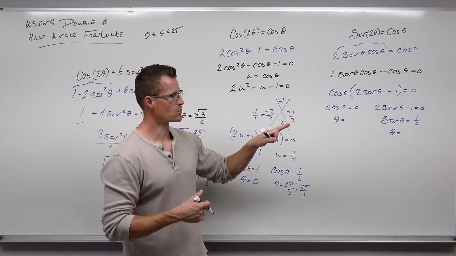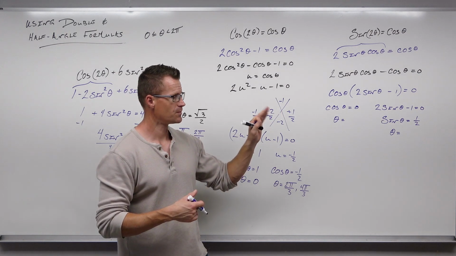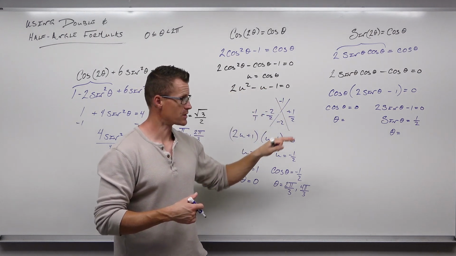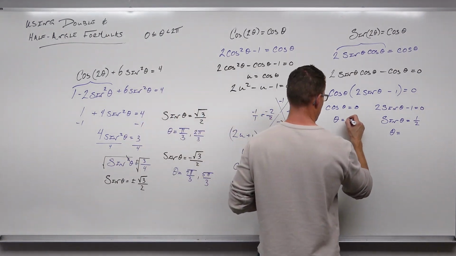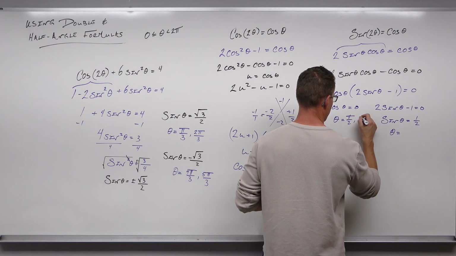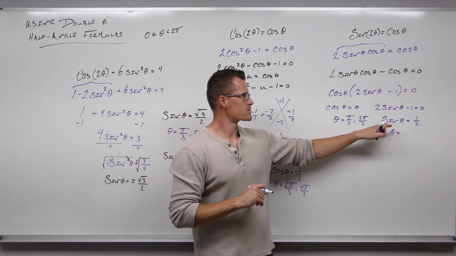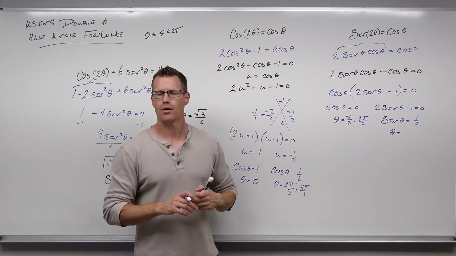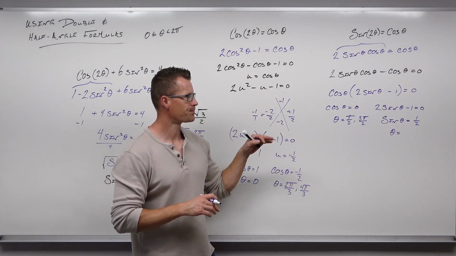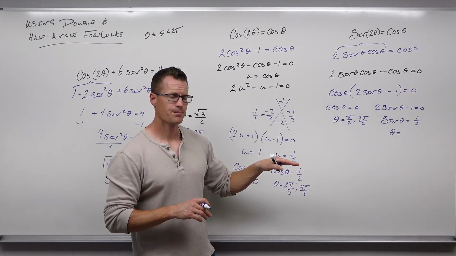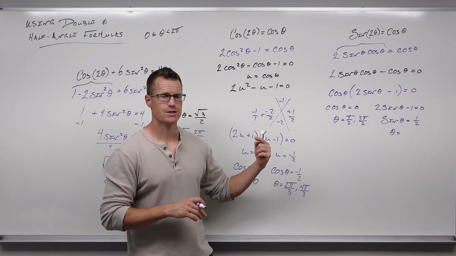So this has 2 solutions. The only place where we have a y-coordinate of 1/2 on the unit circle happens at pi over 6 and at 5 pi over 6.